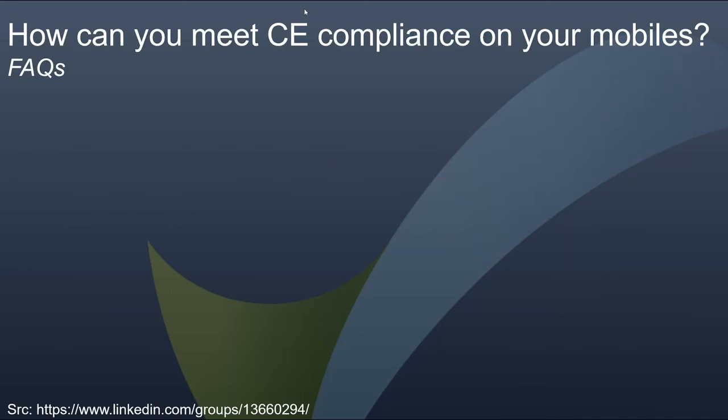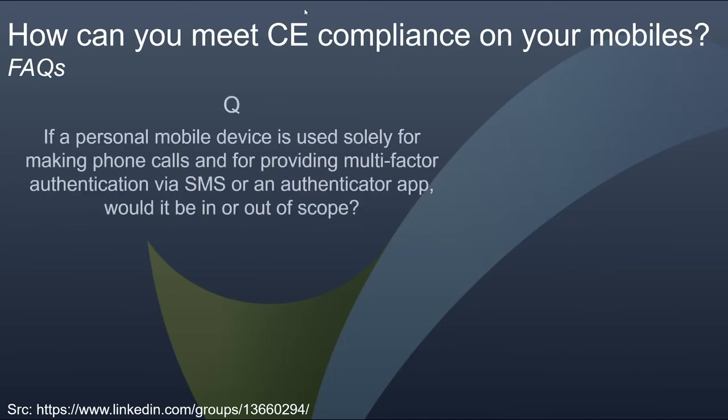The next FAQ that we commonly see is related to personal mobile devices that are solely used for making phone calls and for MFA. Now, this commonly occurs as many employees distribute their personal phone number to clients, for example, and to colleagues and work partners.